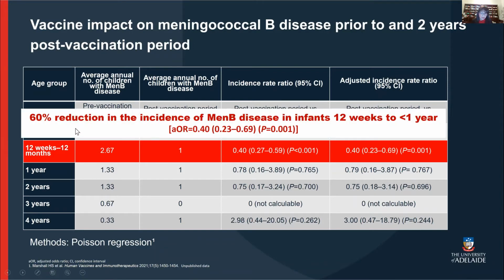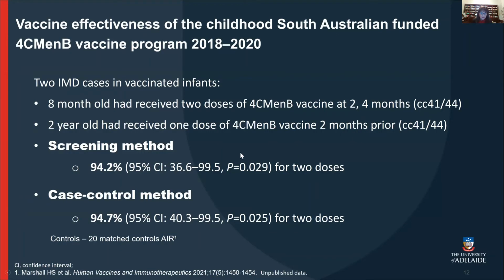But we did see a significant 60% reduction in the incidence of MenB in that under 1 year age group. When we looked at vaccine effectiveness, using both the screening method and the case control method, for infants, you'll see we have very high vaccine effectiveness of 94% using either methodology.